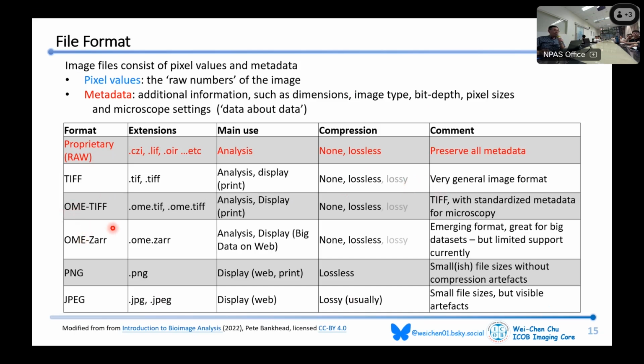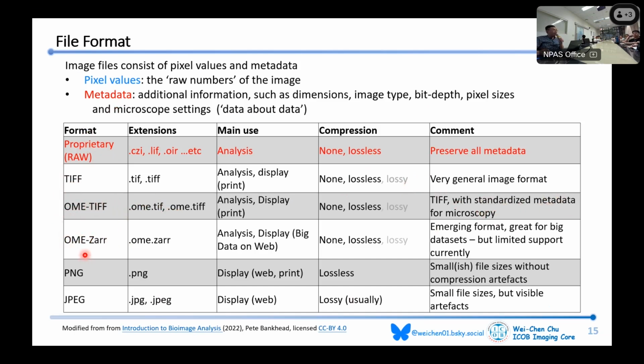Now we have other formats, for example, OME-TIFF. This is trying to standardize the metadata for microscopy. If you search on the web, sometimes people share images as OME-TIFF because they want to convert those raw files into a standard format.